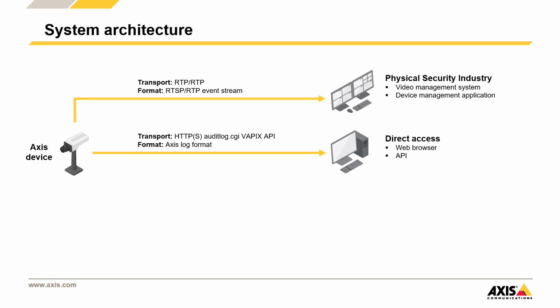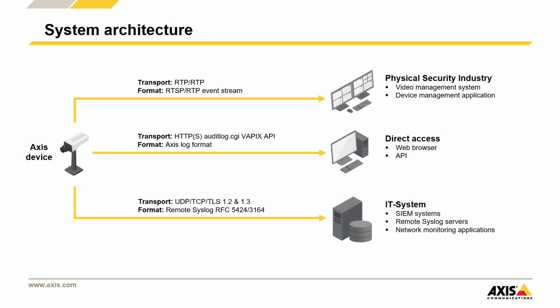This is ideal for direct access, such as when an administrator uses a web browser or when an application retrieves logs. For IT systems, Access devices can forward the logs using the Remote Syslog protocol to a centralized platform. This enables integration with a SIEM system, syslog server, and network monitoring tool, supporting centralized log storage, correlation, and threat detection. Now, let's have a look at these 3 use cases in more detail.